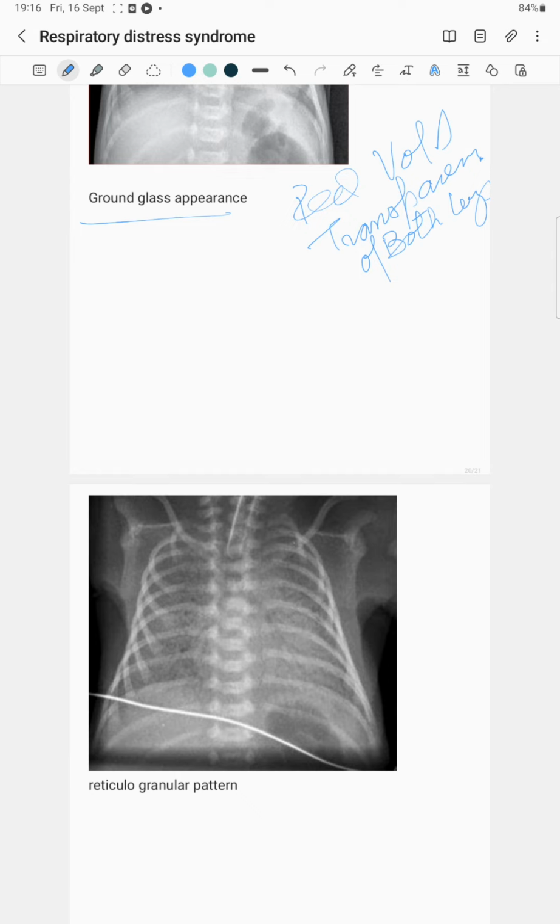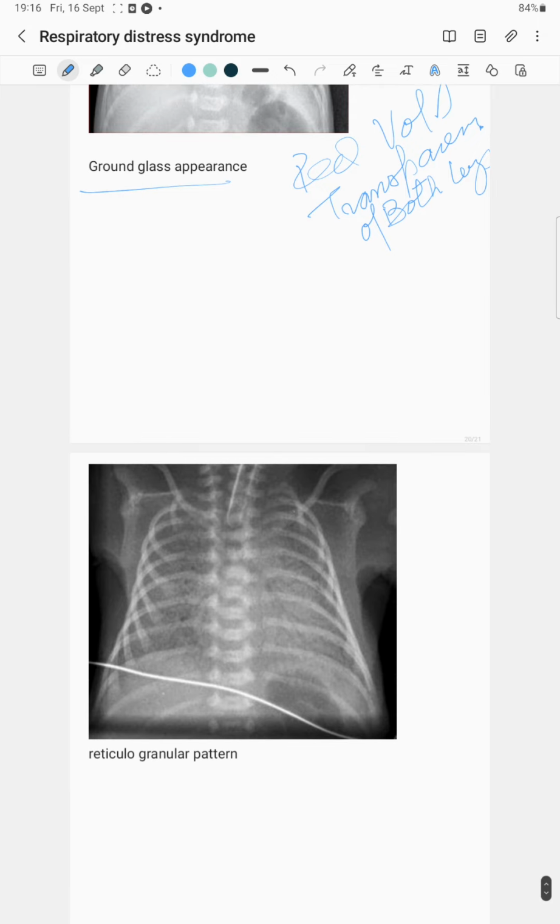These are a few X-ray findings which are important in respiratory distress syndrome, like a uniformly distributed hypoaerated lung, an aerated lung which is uniformly hypoaerated. Okay, so you have to know this.